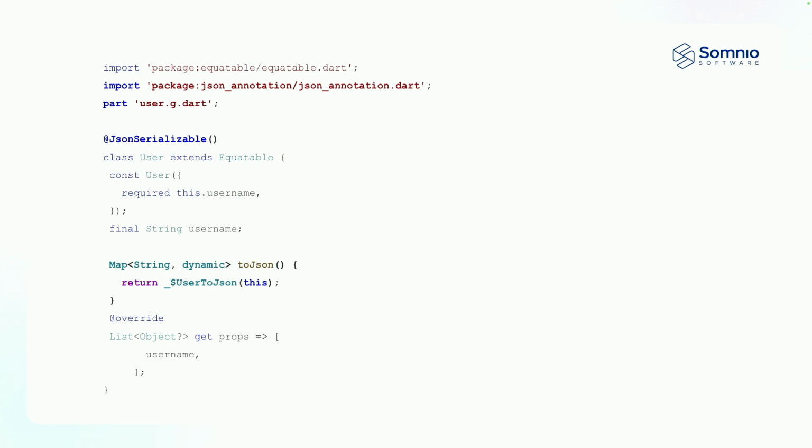Then you have the toJson method that is referencing another method that currently doesn't exist. Then you have to define your props for the Equatable, and suddenly your user class that was something simple, only having a username, has a lot of things to worry about.